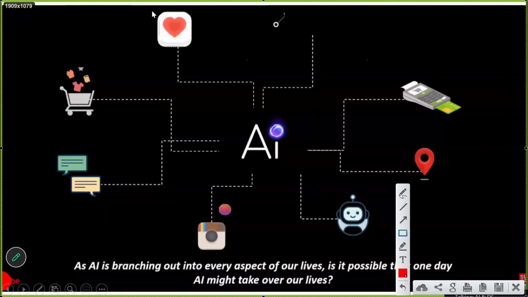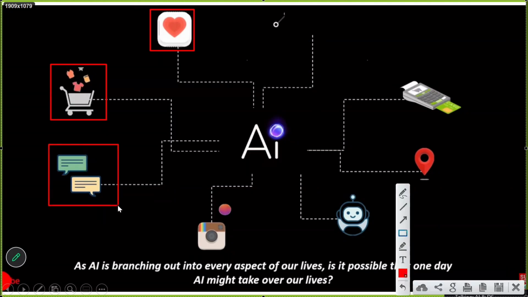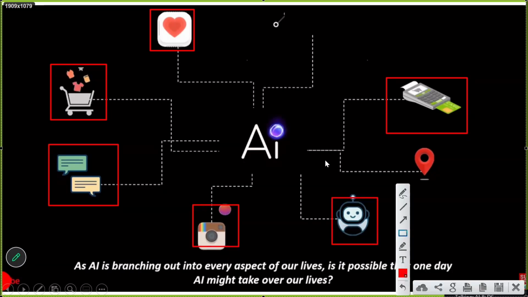AI is there in the healthcare industry, the e-commerce industry, digital marketing and social media, the financial industry, and robotics. So AI is branching out into every aspect of our lives.